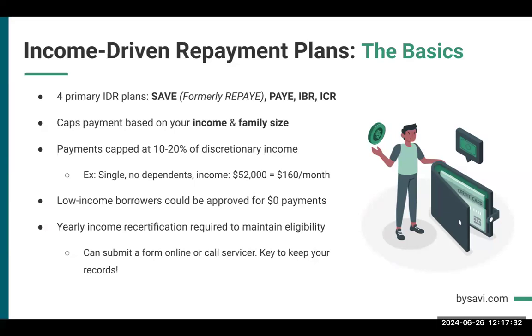And any month with a $0 payment counts towards forgiveness. And when you enroll into these repayment plans, you'll be approved for a payment amount for up to 12 months. Once that time has passed, you will need to recertify your income. This way, if it has changed, your payment can be updated and stay at the 10 to 20% range.